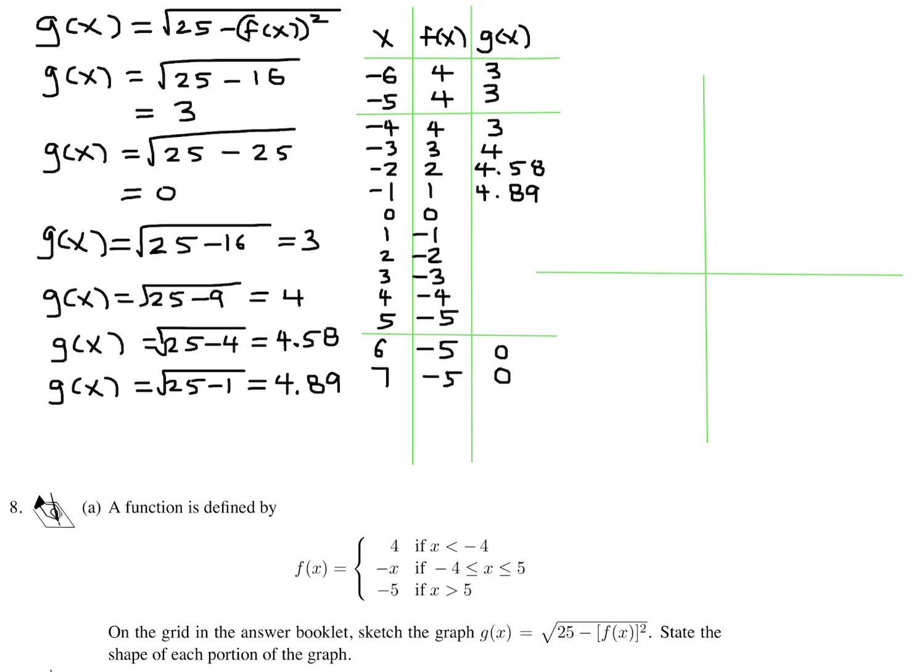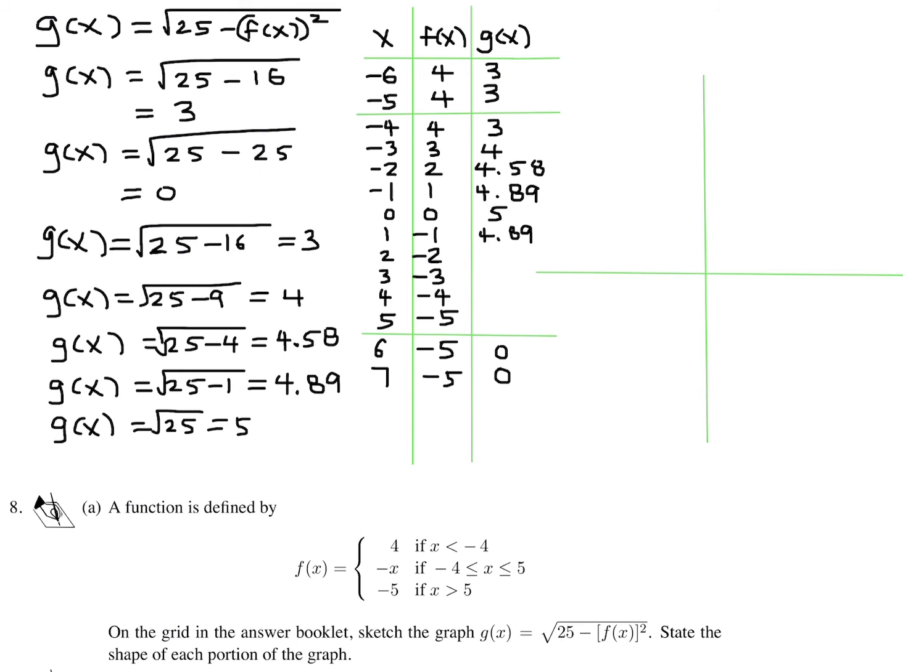Okay. And then when f at x is 0, g at x just becomes 25 under the square root sign, which is of course just 5. So that's good. And the good news is for negative 1, that is just going to be the same as 1, because when you take the square root, the value is the same of that expression.